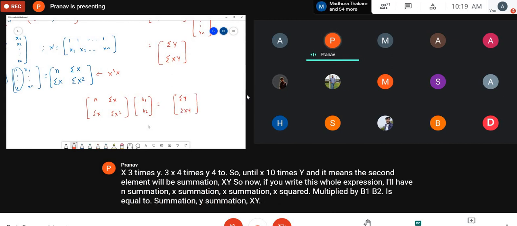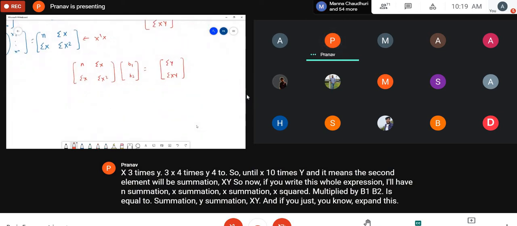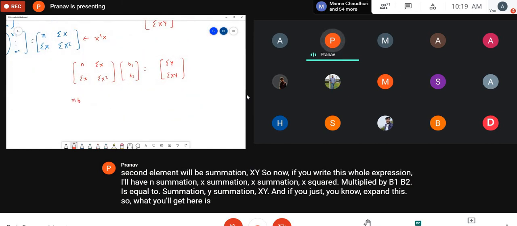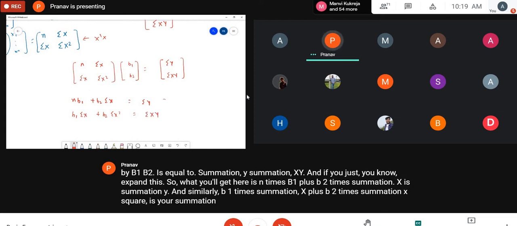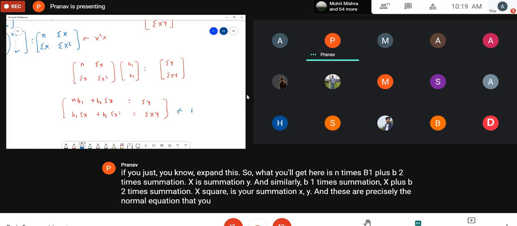And if you just expand this, what you'll get here is n times b1 plus b2 times summation x is summation y, and similarly b1 times summation x plus b2 times summation x square is your summation xy. And these are precisely the normal equations that you see for the bivariate model. Am I clear here?